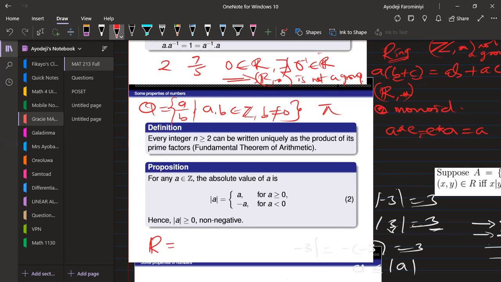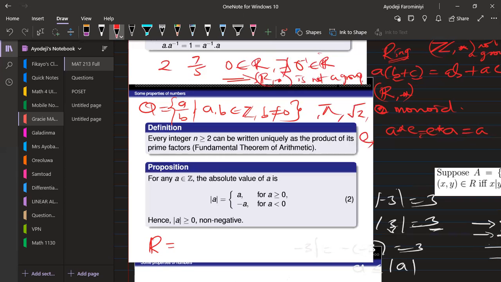Root 2 cannot be written as a over b. Euler's constant cannot be written as a quotient. So there are a lot of them.